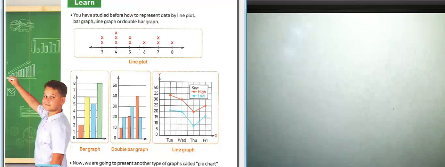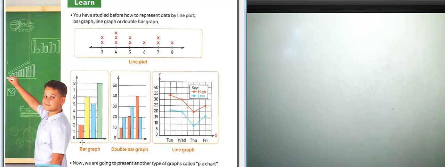We will know the difference between line plot, bar graph, double bar graph and line graph. Okay, line plot, we studied it before. You have studied before how to represent data in line plot, bar graph, or double bar graph. Here we have a bar graph, drawn by two straight lines, or two rays, with an intersection point, the origin point O, whose coordinates are 0 and 0.